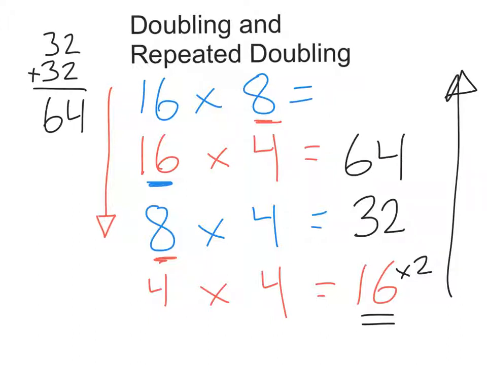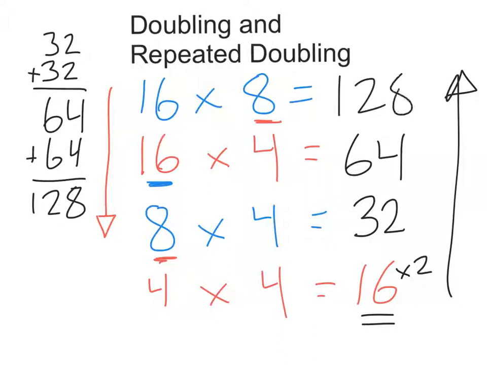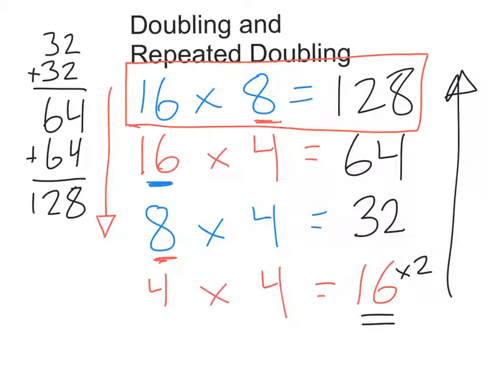And 64 plus 64, I'm going to do some more margin work to figure that out. 128. And look at that, we just figured out that 16 times 8 equals 128. And it wasn't too hard. You could continue to cut a factor in half until you get to a multiplication question that you know.